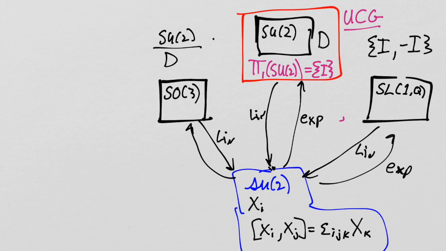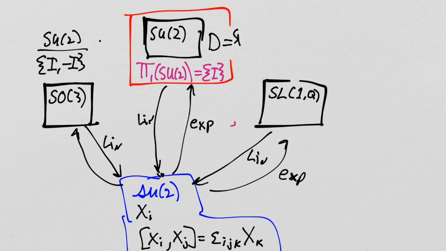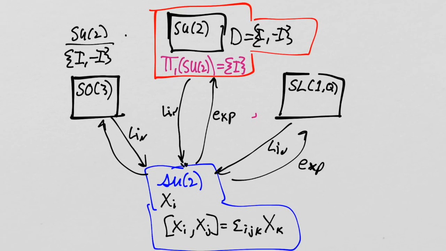There is SU2 over D like this, but now we know what D is, so I'll just erase this and put it in explicitly: D equals I, minus I. So now I know what the discrete invariant subgroup is.